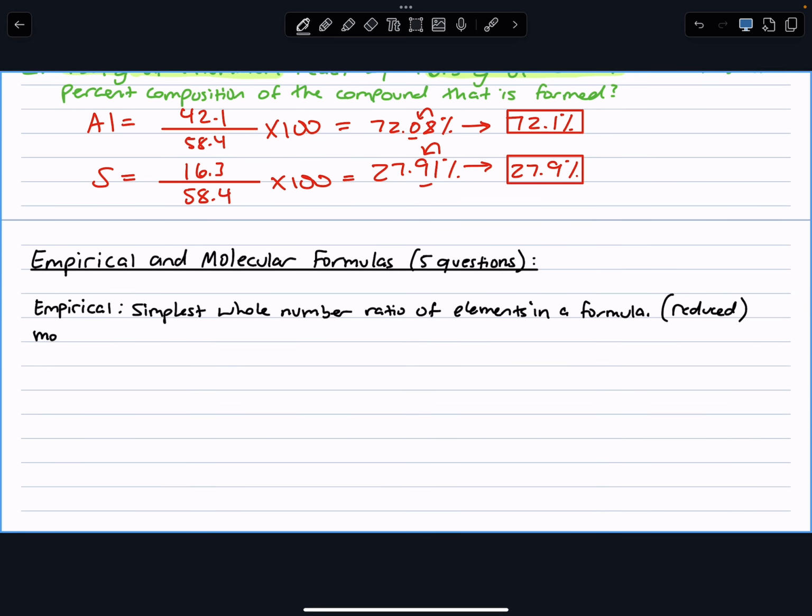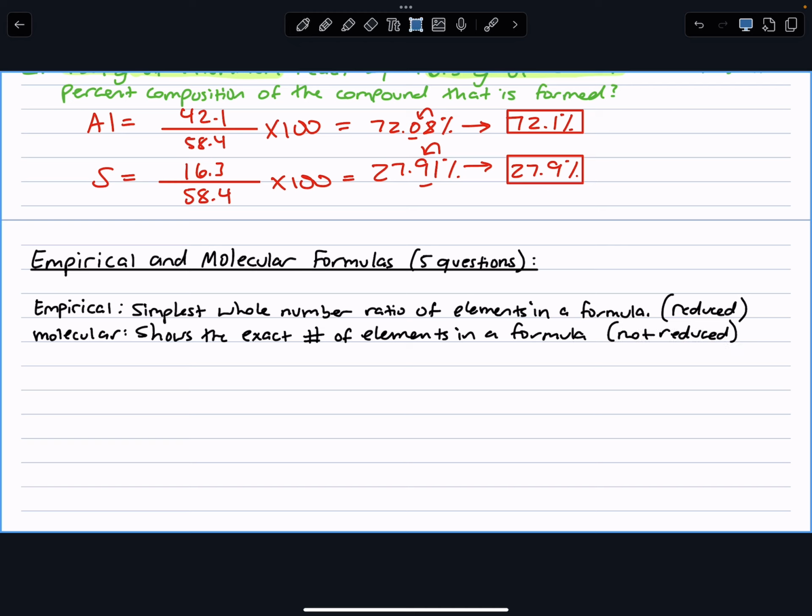With molecular, on the other hand, it shows the exact number of atoms, or I should say elements, in a formula. So not reduced.